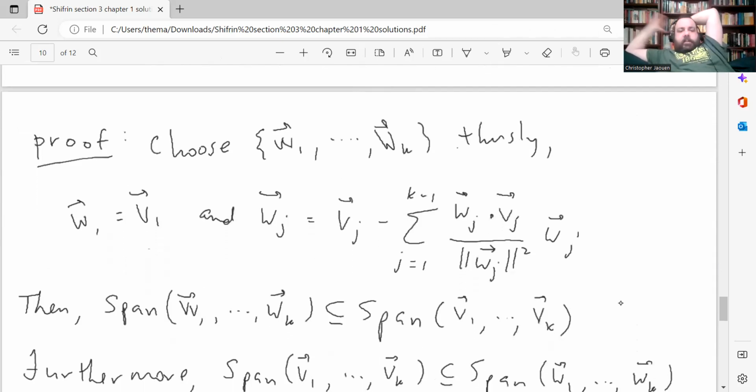Let w1 be v1, and then define wj by projecting vj onto the subspace spanned by w1 through wj minus 1.